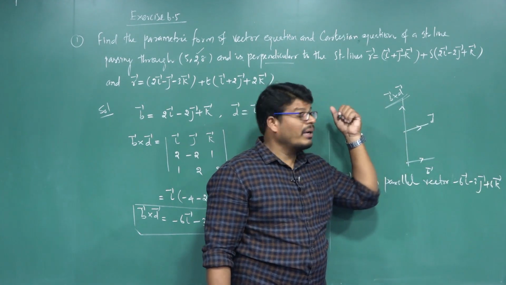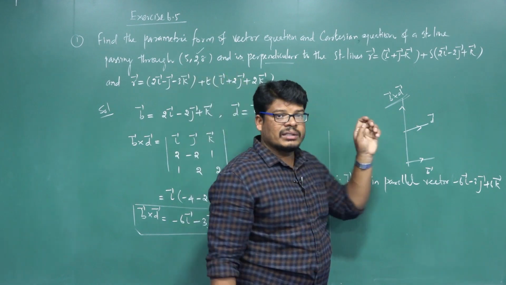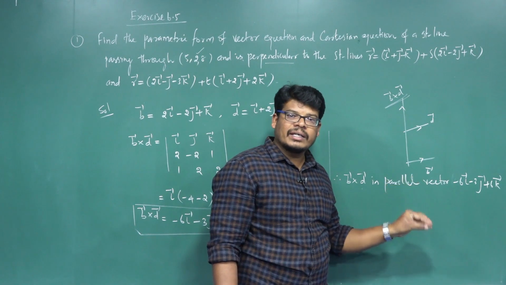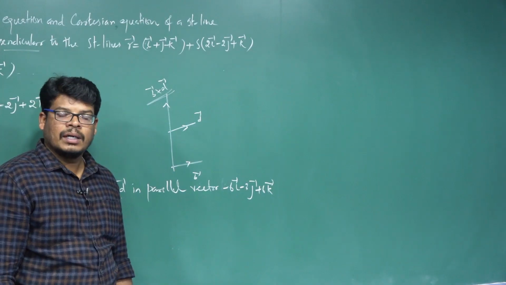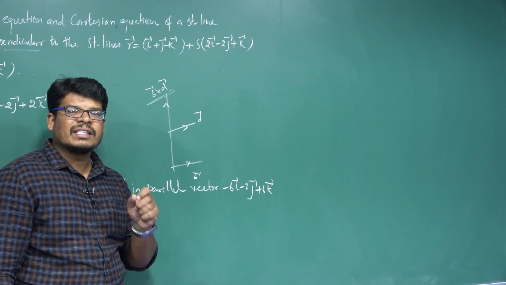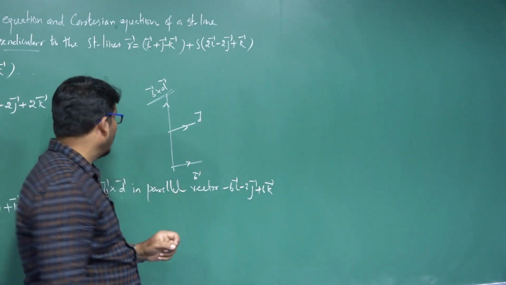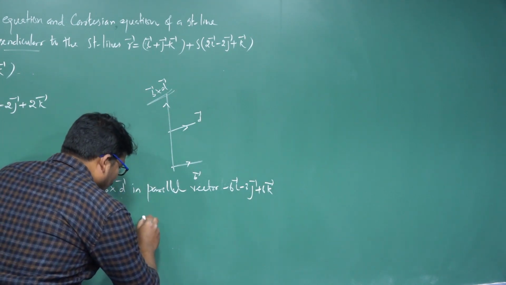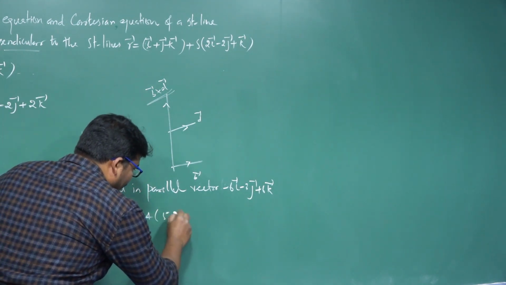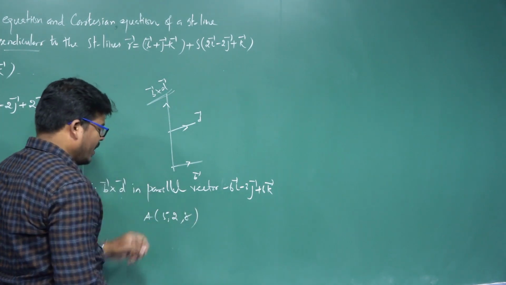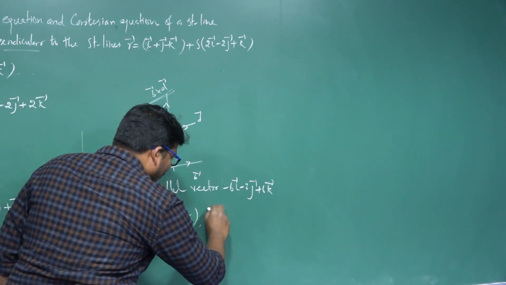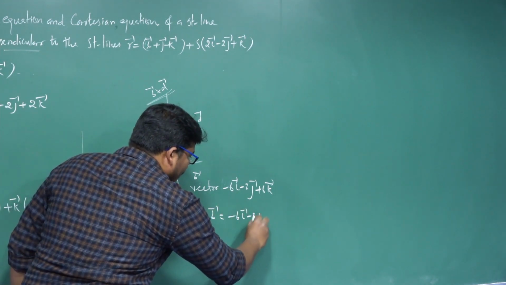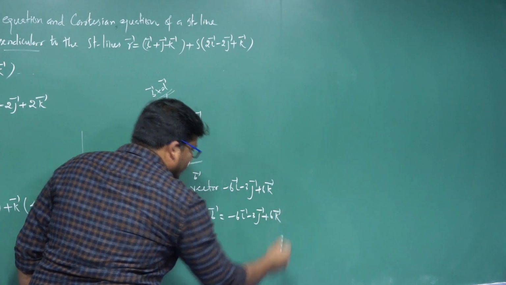Already one point is given: 5, 2, 8. Given one point and one parallel vector, find the vector and Cartesian equation of the line passing through the point 5, 2, 8. The point A is 5, 2, 8, and the parallel vector B vector equals minus 6i vector minus 3j vector plus 6k vector.